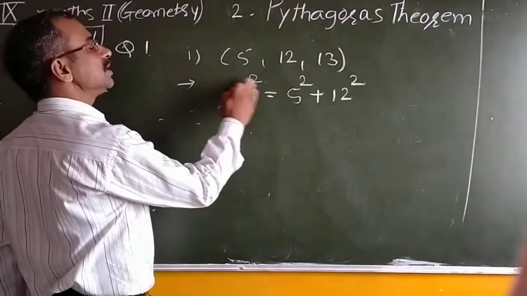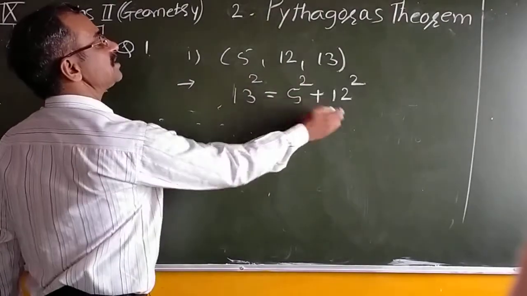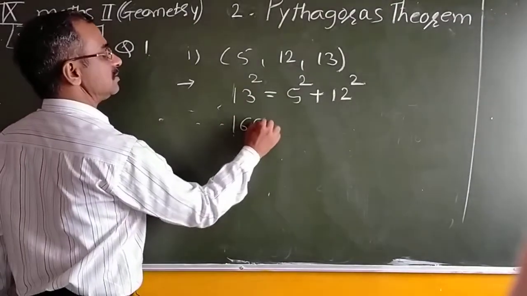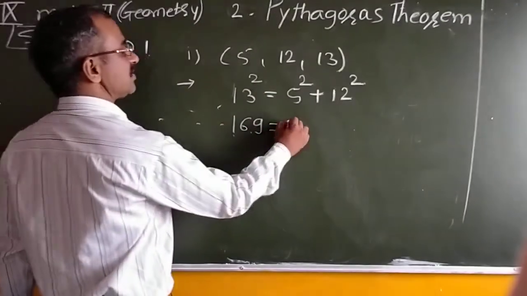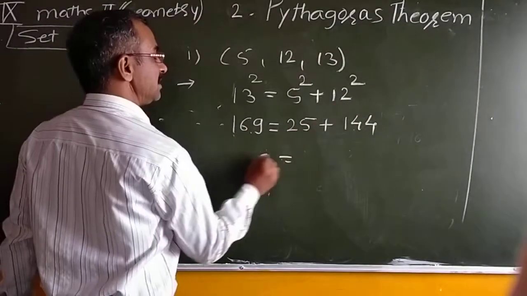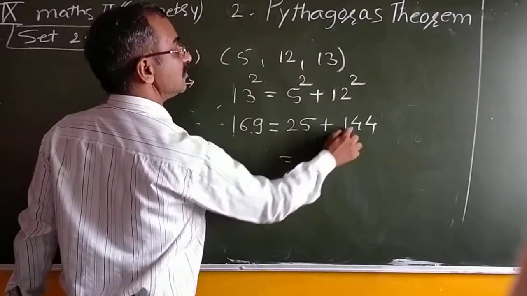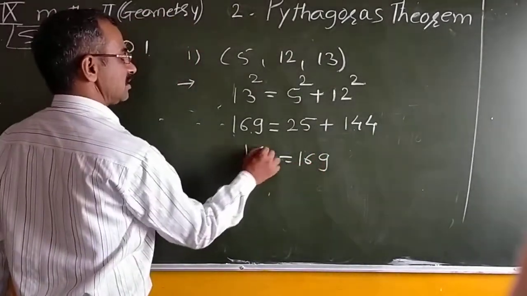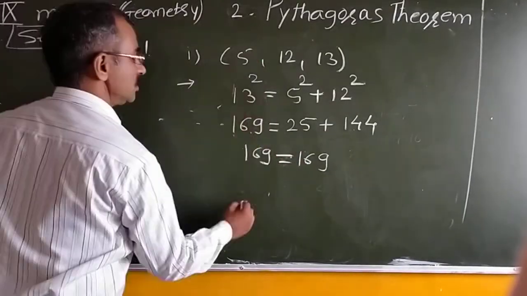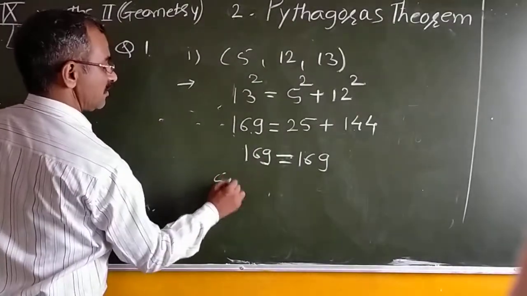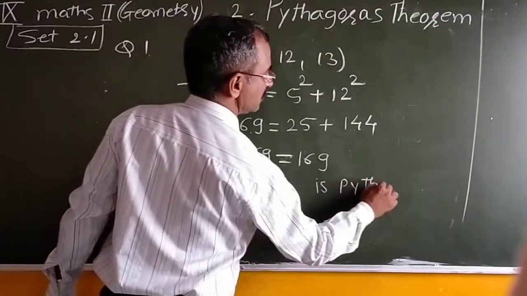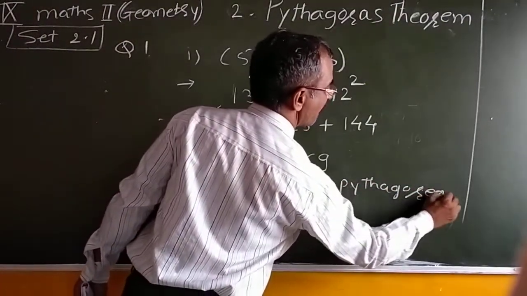Therefore 13 square is 169, 5 square is 25, 12 square is 144. Then we take the addition: 25 plus 144 is 169. Right and left, both sides are equal. So this 5, 12, 13 is a Pythagorean triplet.